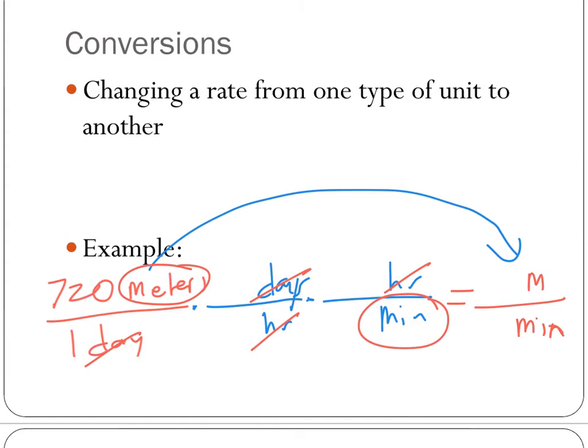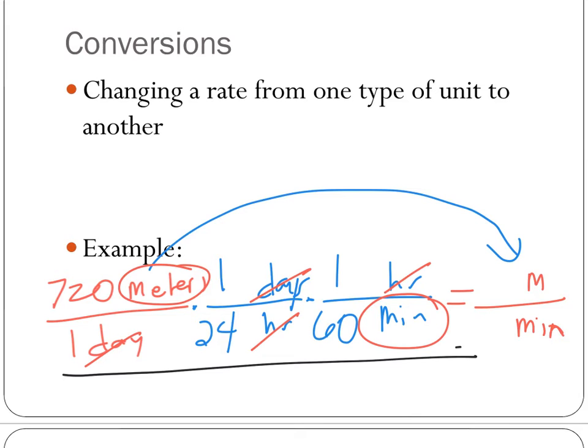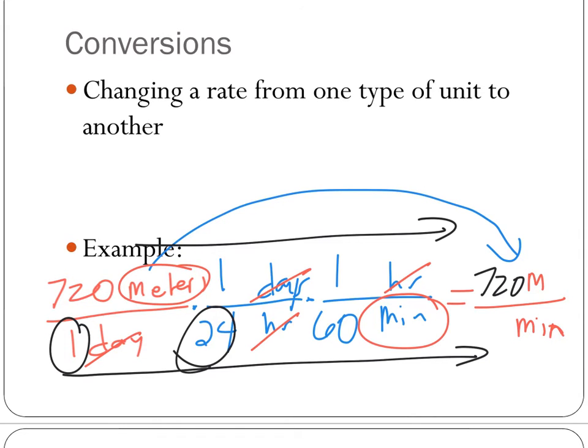So we're going to say that 1 day is 24 hours, and 1 hour is 60 minutes. Now these are fractions, so I can just multiply straight across. On the top I've got 720 times 1 times 1, which is 720. On the bottom I've got 1 times 24 times 60, which is 1,440.